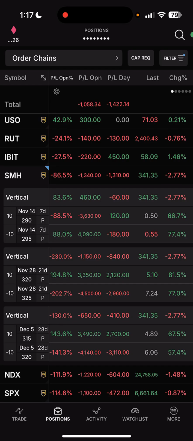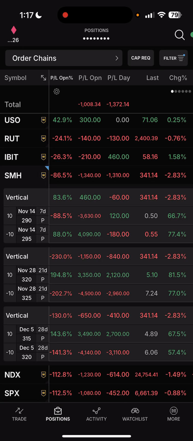But it gives you a sense for, depending on what your sale option put price was, you can see here we've got one for 295, one for 325, and one for 320. The current price of SMH is 341. So it's getting closer to that 325. If it continues down 16 more points, it would breach that 325.